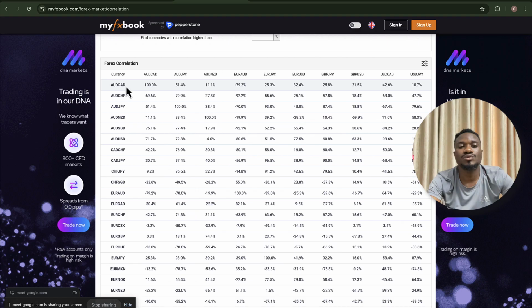If you are buying AUD, you believe AUD is stronger than CAD. If you are now buying Euro, you believe Euro is stronger than AUD. That might be possible, but they are not correlated.